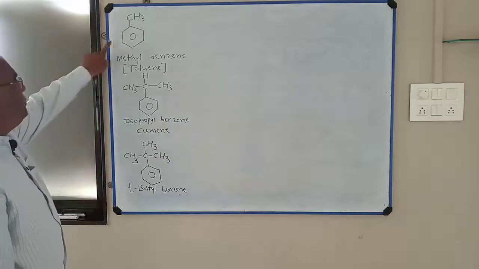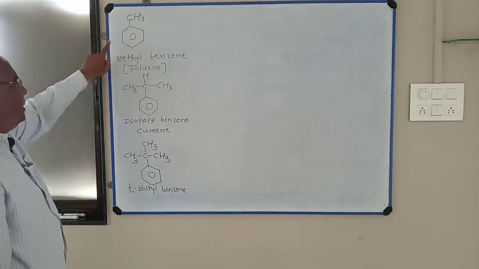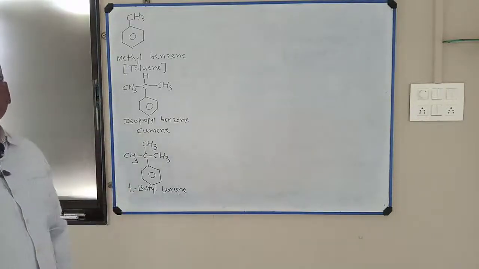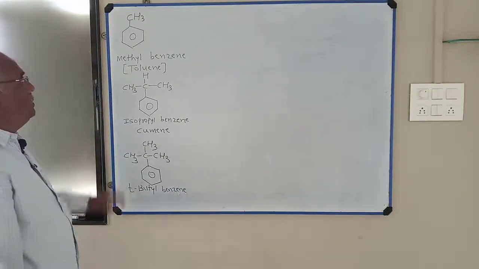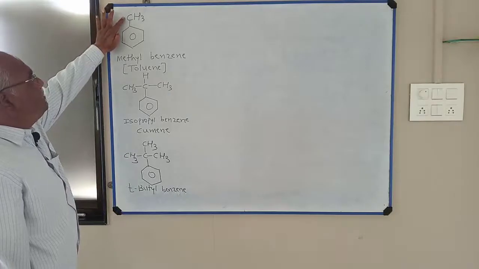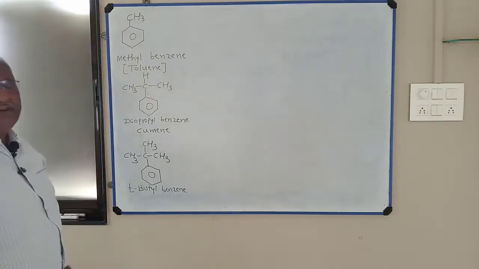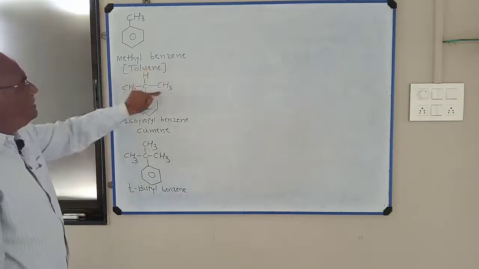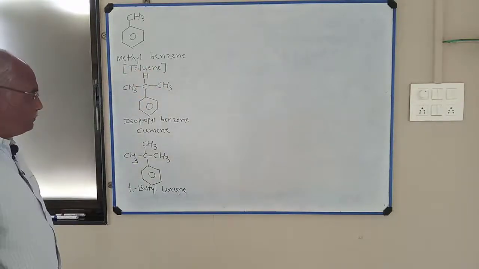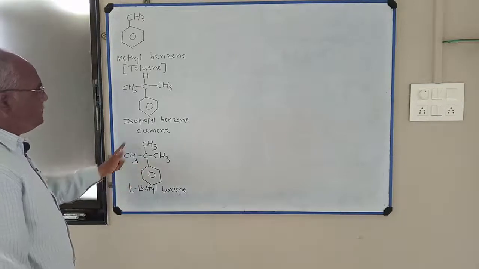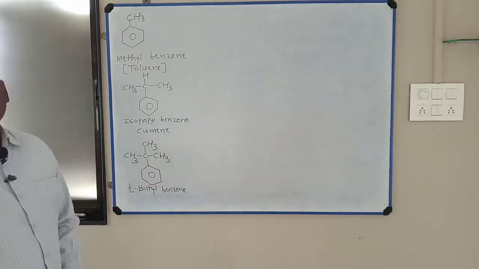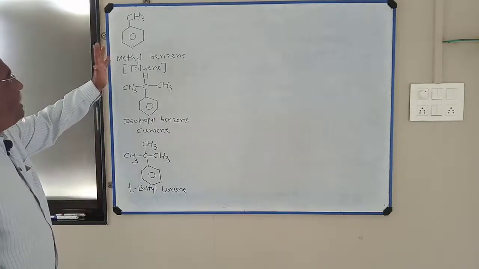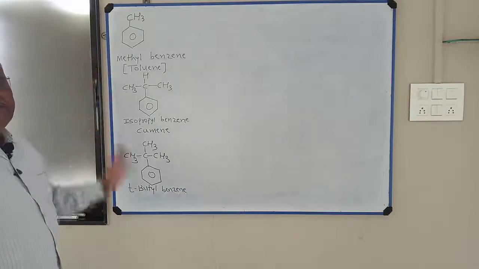So this methyl benzene, isopropyl benzene and tertiary butyl benzene. Here a primary alkyl group is present. In this example, a secondary alkyl group is present, and in this example a tertiary alkyl group is present. So these are alkyl benzenes.